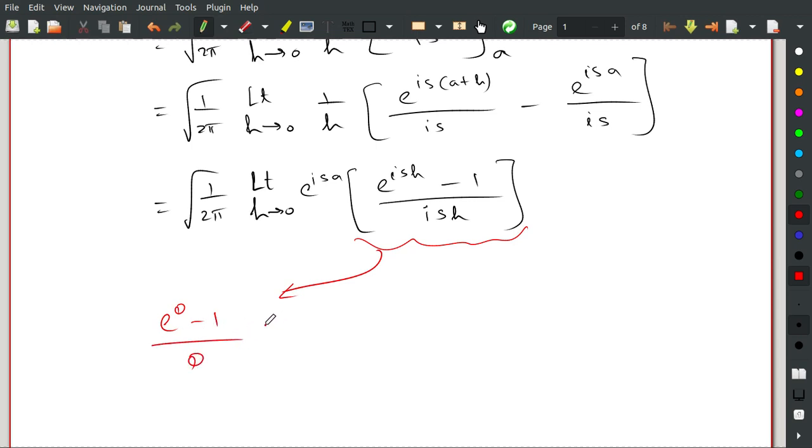And in the limit theta tends to 0, this value is nothing but 1.